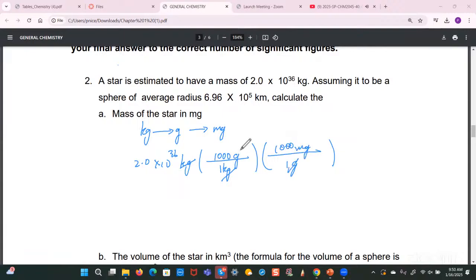So the gram units will cancel out. When you do that calculation, according to my calculation, it's 2.0 times 10 to the 42 milligrams, right? So that would be the mass of the star, not the density, I'm sorry.